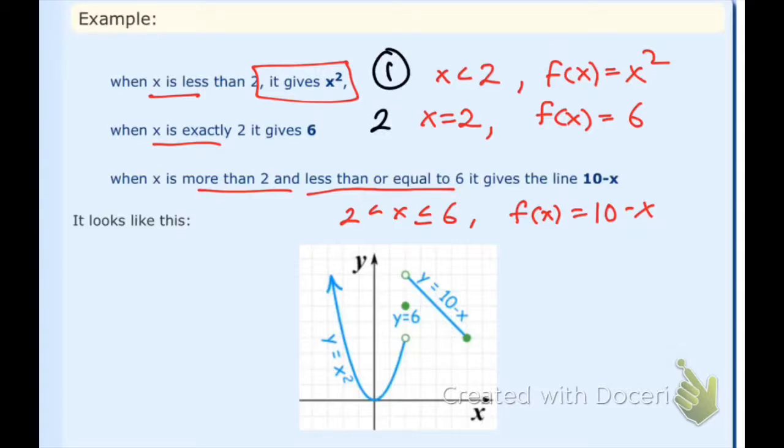Second, if I pick a number on the x-axis and it is exactly 2, well, the function I'm going to use is just 6. f of x equals 6. So that would give me that point right there.